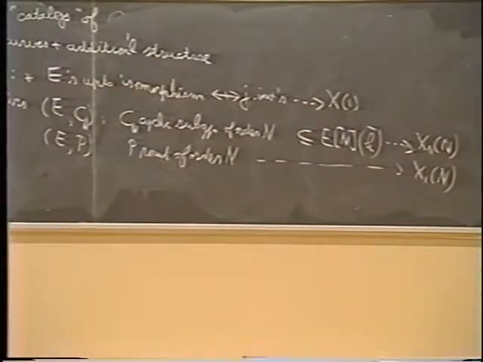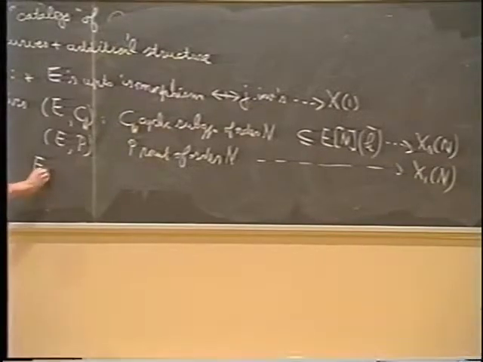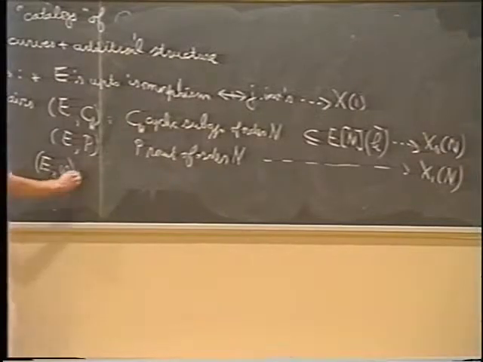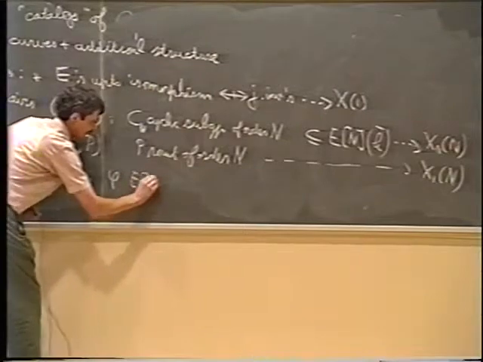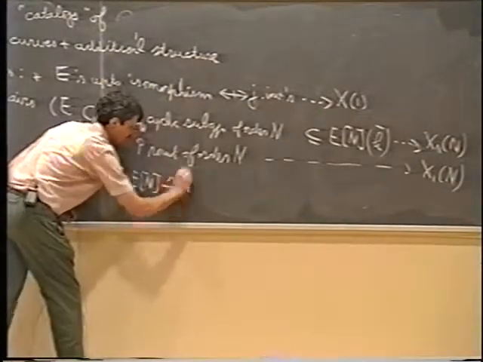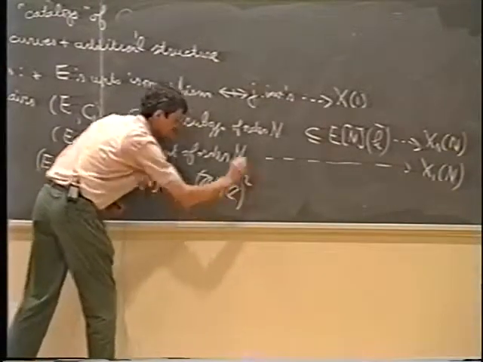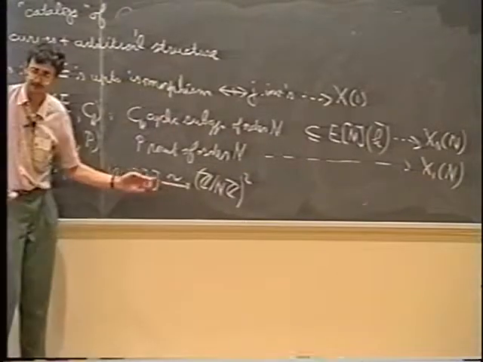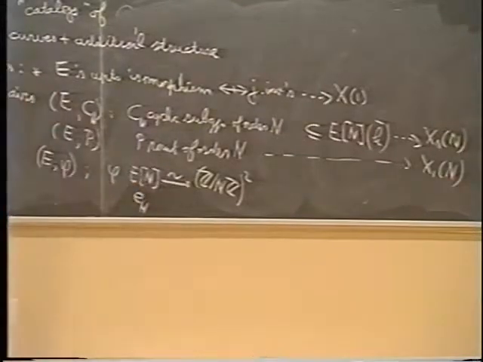There's a somewhat harder example in which you take pairs E and, let's call it, phi, in which this phi is an isomorphism from the n torsion points to Z mod n squared, which we assume to be symplectic. That means on this E[n] we have the Weil pairing, as we have seen. Now on Z mod n squared we can also put a symplectic pairing.